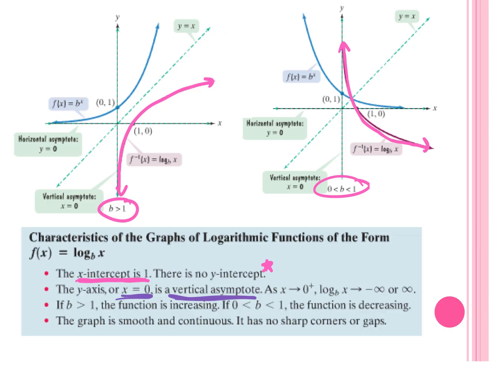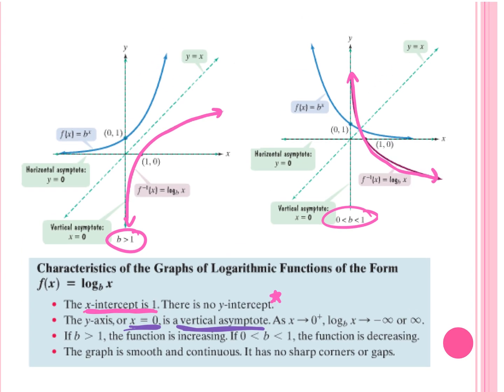So again, this is the opposite for exponential functions. Exponential functions, we had a horizontal asymptote. Here we have a vertical asymptote. So our vertical asymptote is going to go up and down. Now this will change, it'll shift if we are adding something inside of our parentheses now.